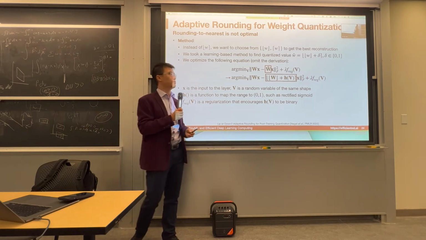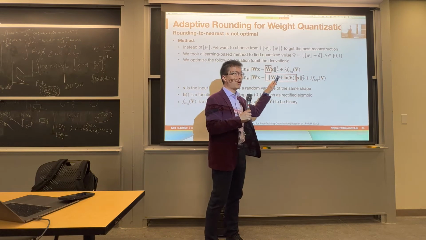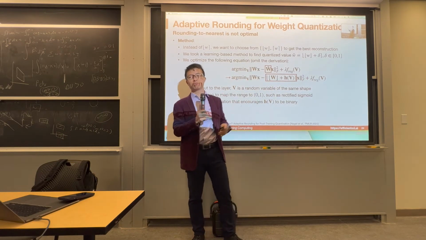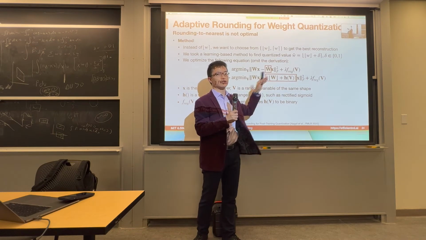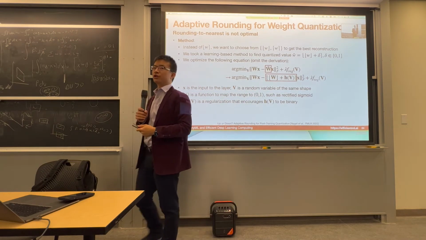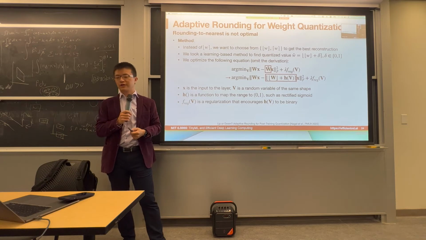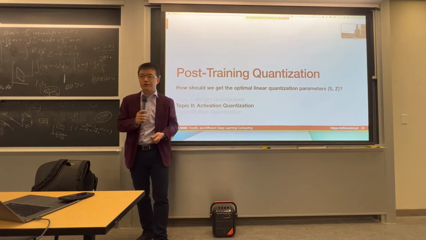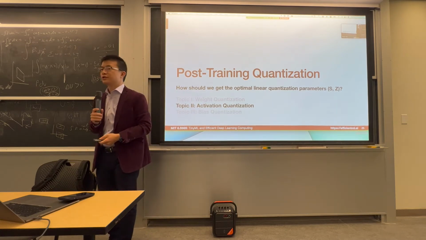So using this method, you can give a small batch of images and try to minimize the difference between the original Wx versus the quantized Wx by learning this V tensor.